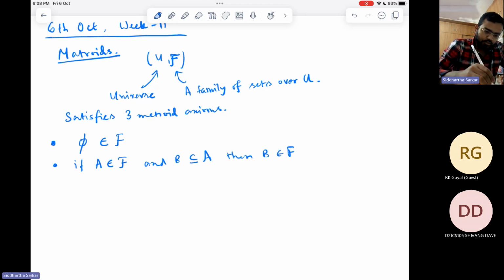For our convenience, this property will be called the hereditary property.